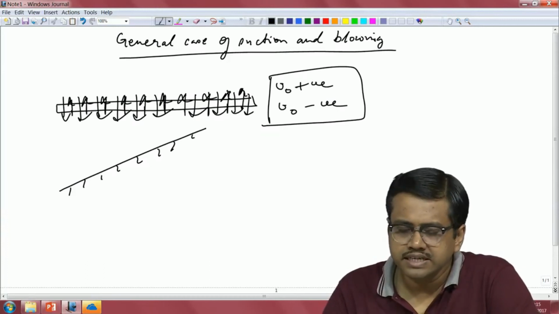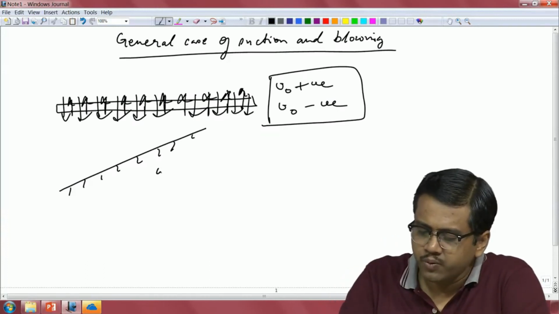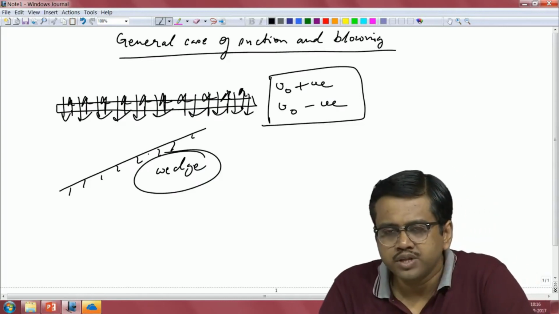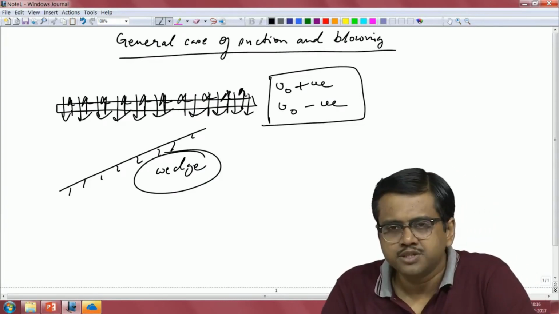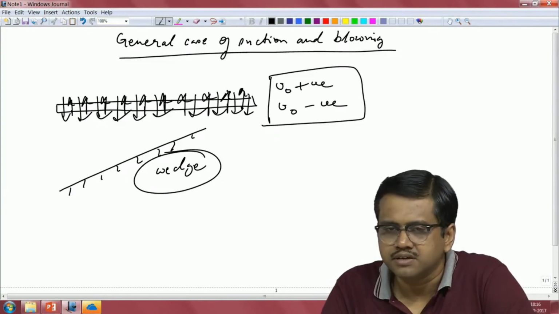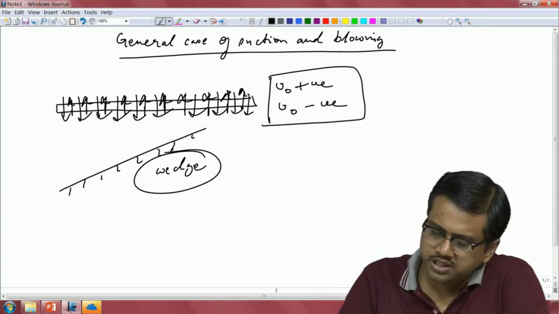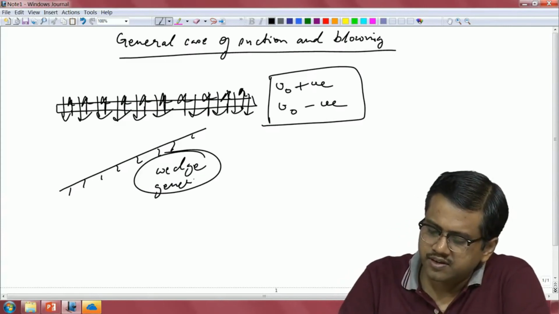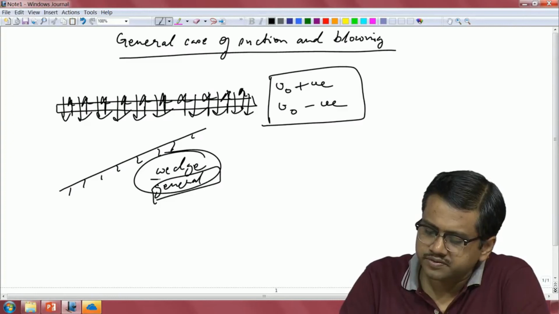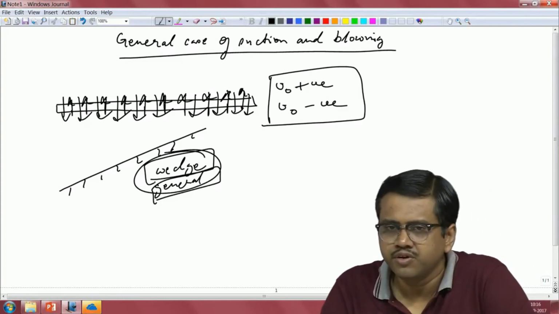Okay. But the wedge part, we will devote a full lecture to it and show how the wedge can affect the dynamics. Okay. But in this particular case, it's a general wedge that we have taken over here.